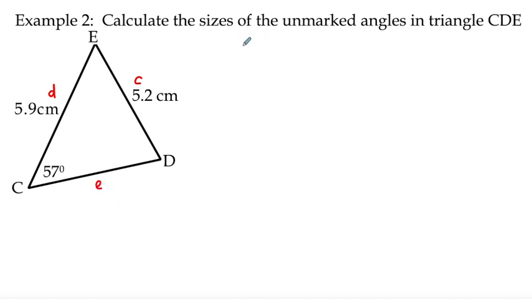I would write out the sine rule and we'll see what it is we can actually work out. So we write it out in terms of C, D and E. So c over sine C equals d over sine D equals small e over sine capital E. Okay, so rather than circle something that we know we need to find, let's have a look at what we've got first of all.